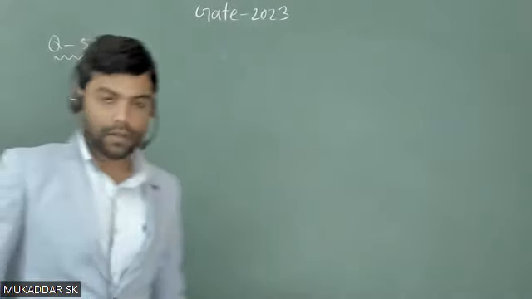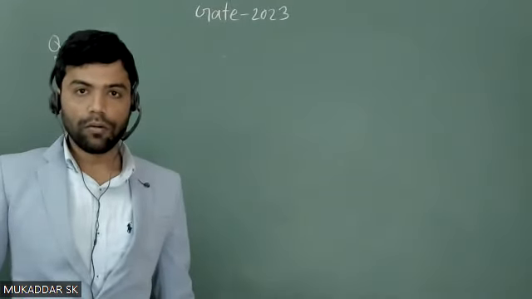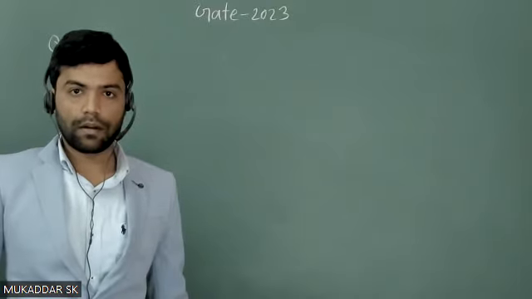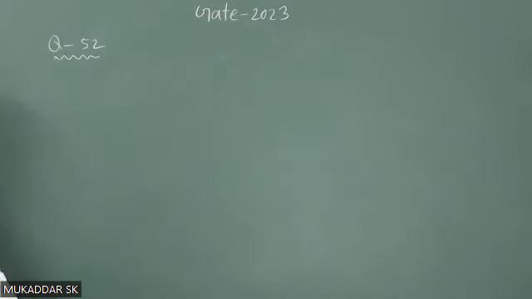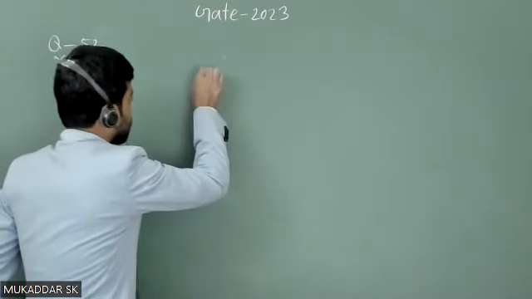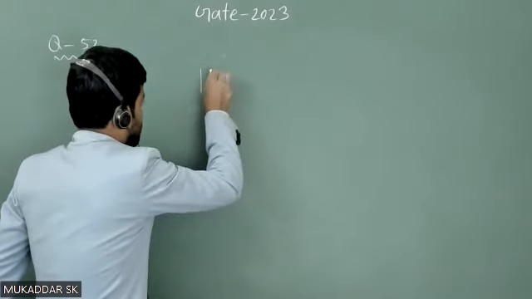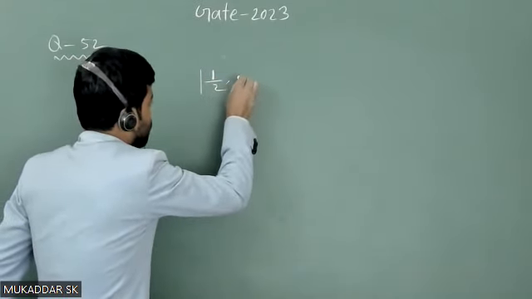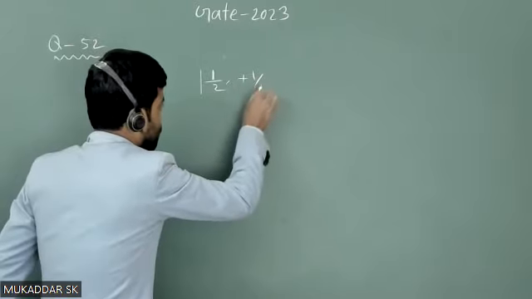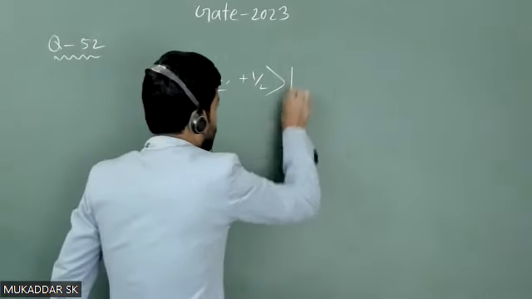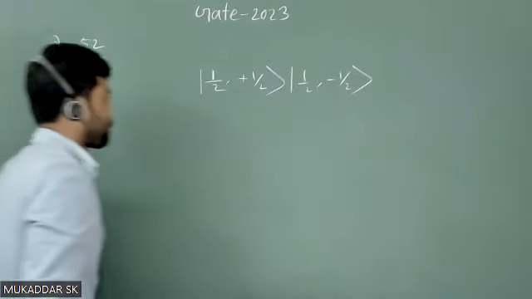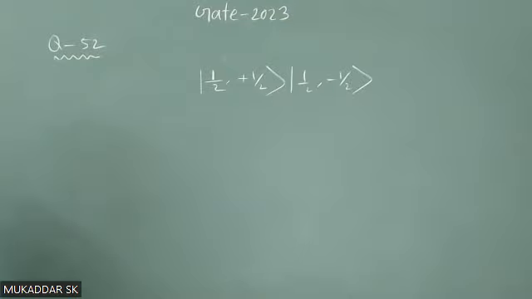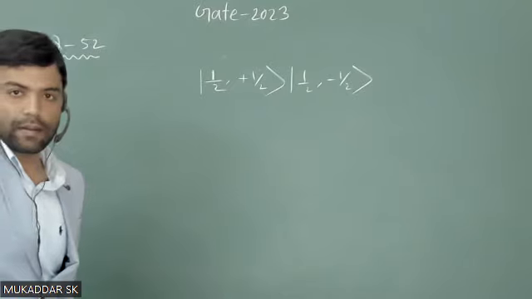In that question they have given two non-identical spin half particles and their spin product state, which is mentioned as 1/2, +1/2 and 1/2, -1/2. This is the spin product state of two non-identical particles.